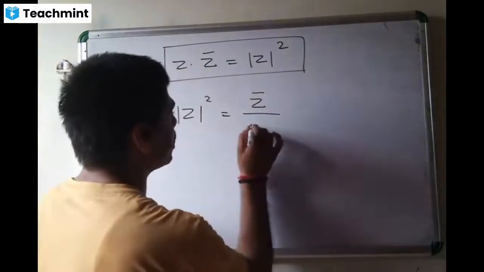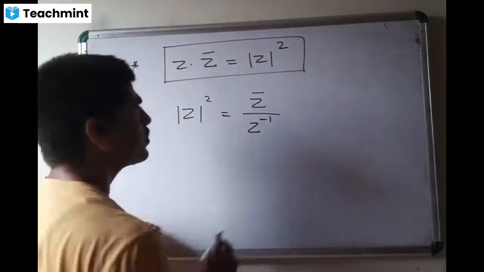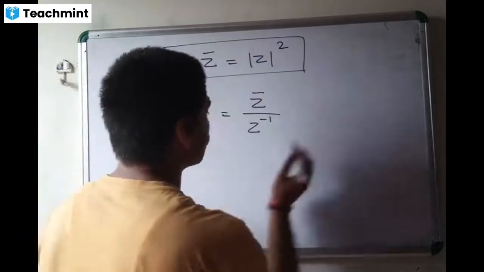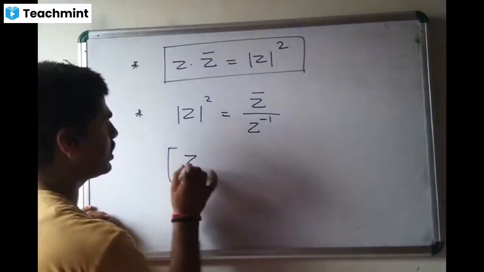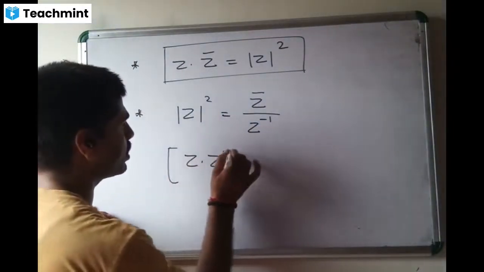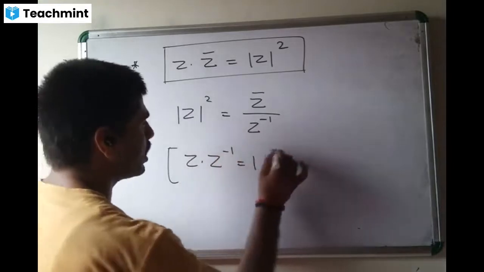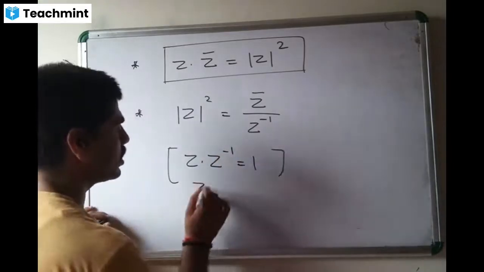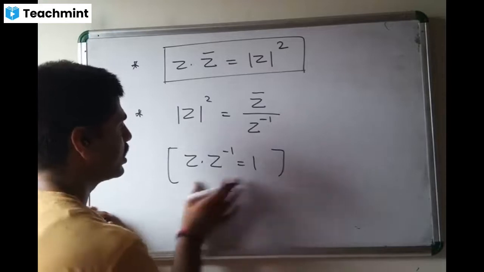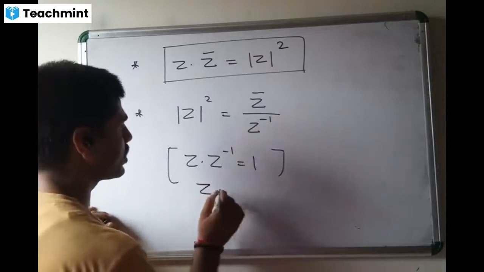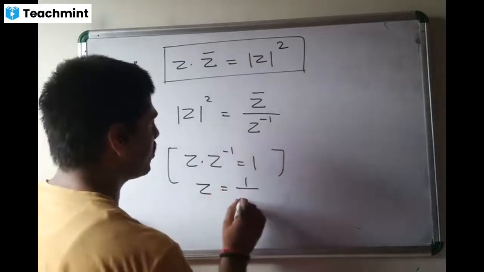Z is equal to 1 upon Z inverse, you know very well. Yes or no? Z inverse is equal to 1 upon Z, or Z is equal to 1 upon Z inverse.